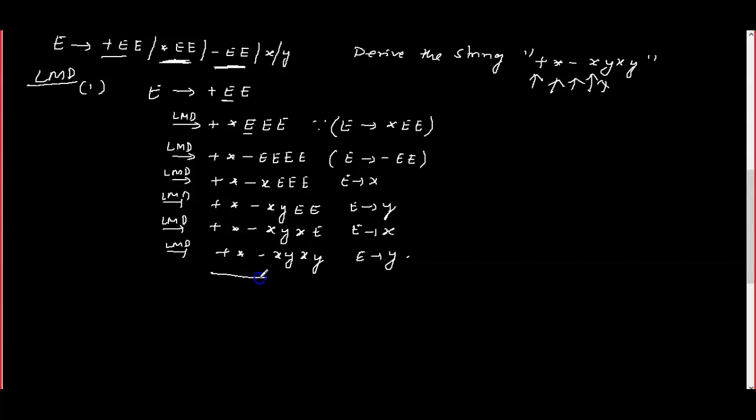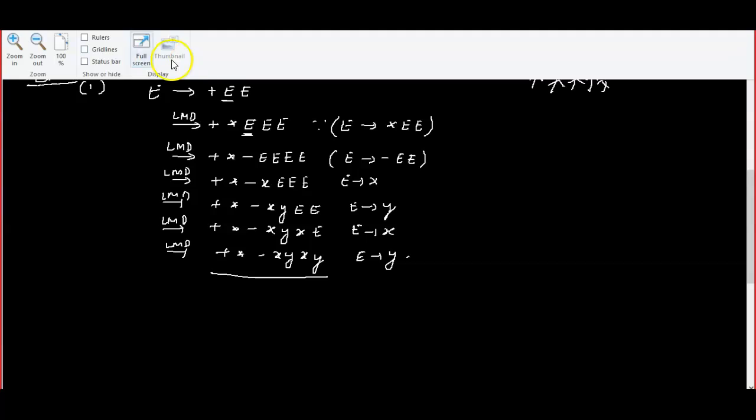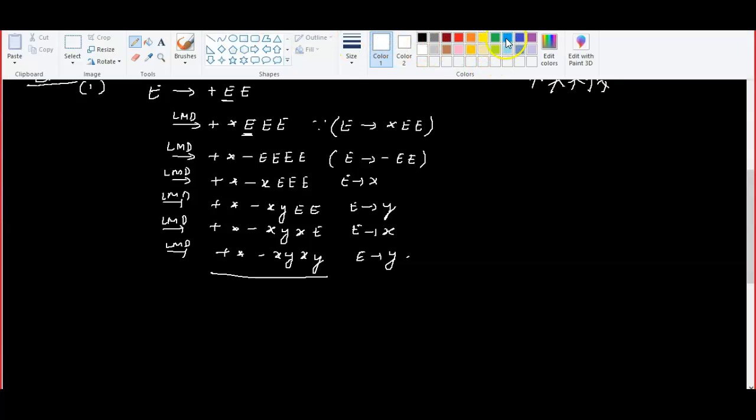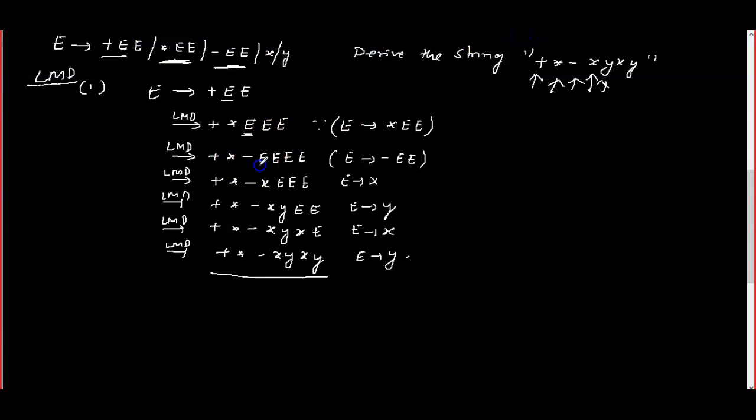So now finally you have got the string which you have to parse. And we have put the values of the non-terminals always from the left hand side, right? Here also first I substituted this one, then I substituted again this left hand side, okay? So this is called LMD, leftmost derivation.